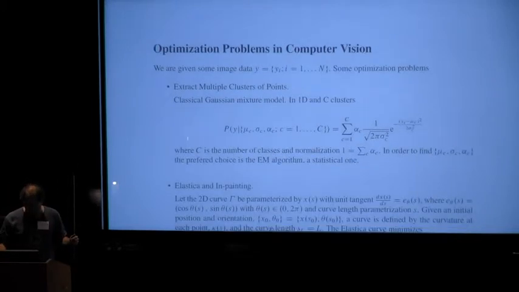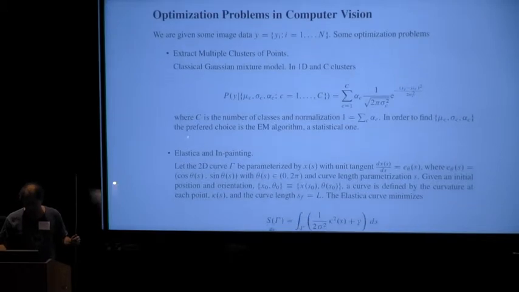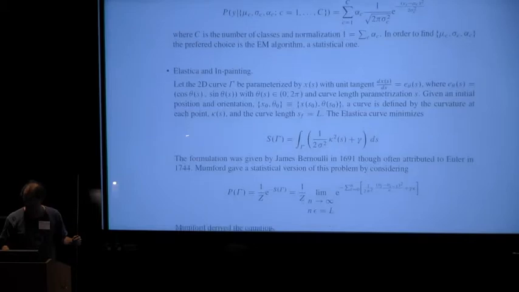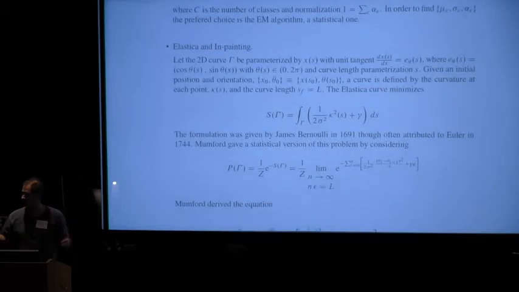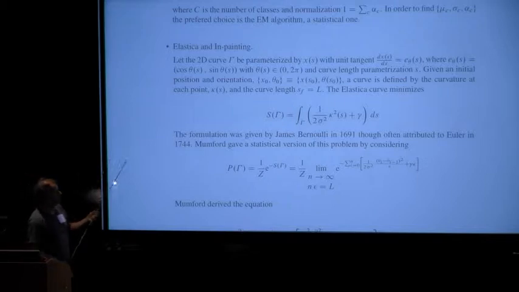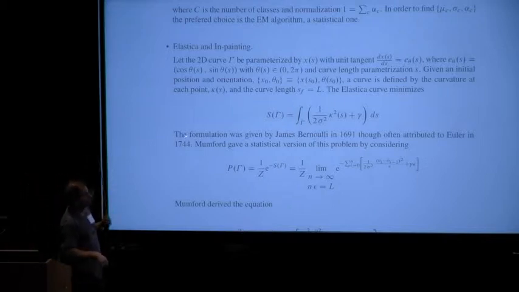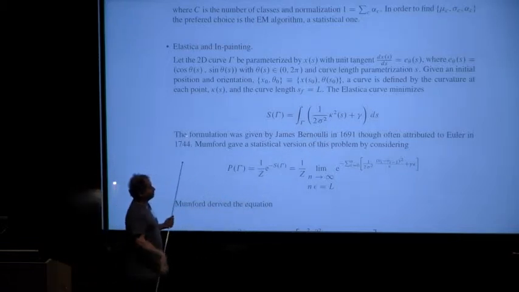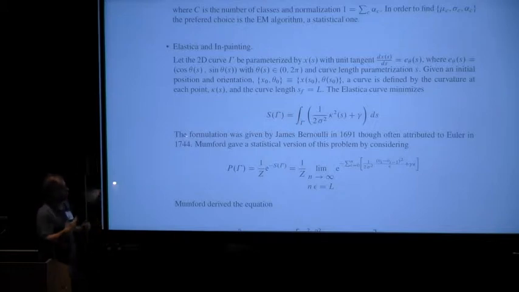And then, as a curiosity, more to my heart, there are variational problems too. The Elastica is one of the nice ones that appear in computer vision. The Elastica is to find curves that minimize the curvature all over and the length. It's an old, beautiful problem.